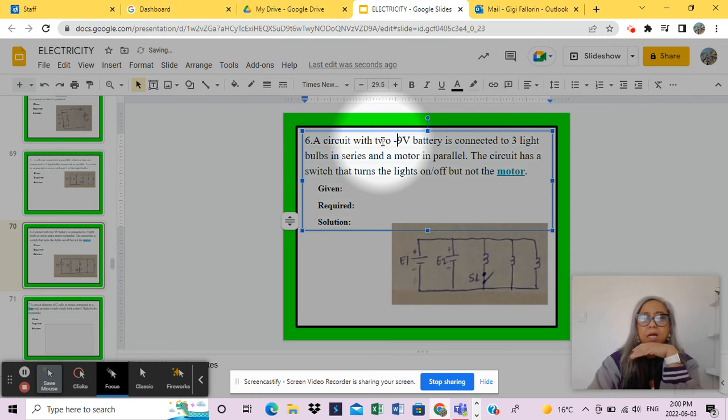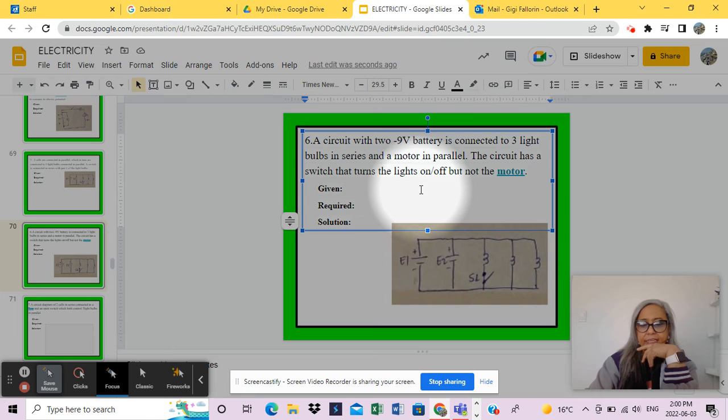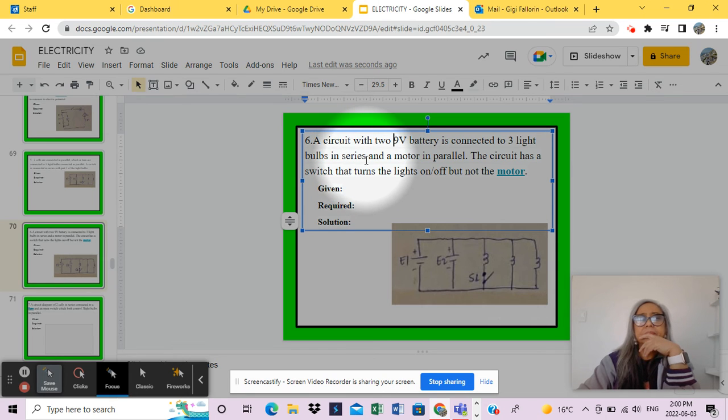Would this make sense? Does this make sense now, people? What do you think? So I have here two connected to the three light bulbs in series. Is it in series, people? Are they in series? No. Any idea here? Is this correct?